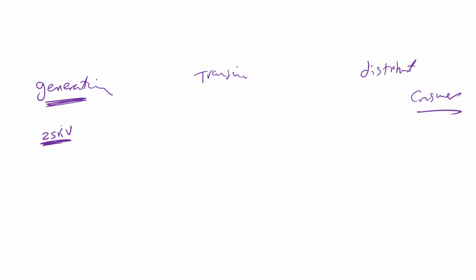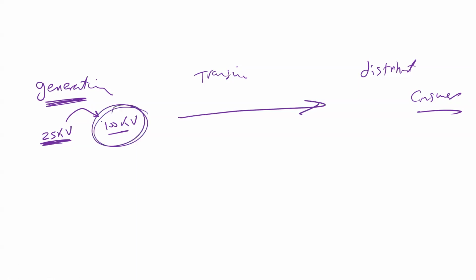You can increase it to 100 or maybe more kilovolts. So I use a transformer here, and then I transmit the power using very high voltage. For sure, 100 kilovolts is too much. In our homes, what we use is 110 or 120, so I need to step it down. That's why I use transformers.